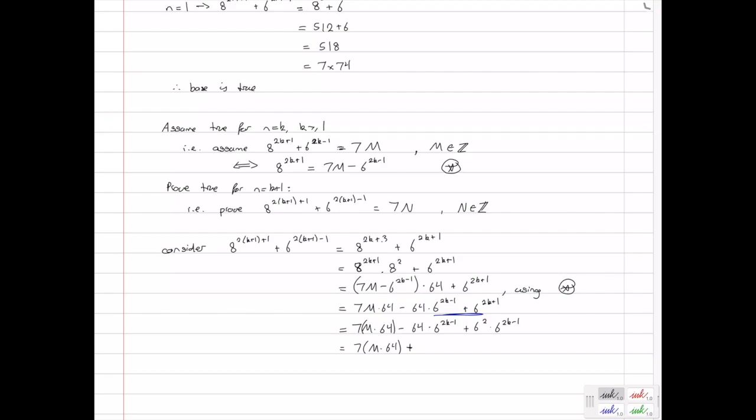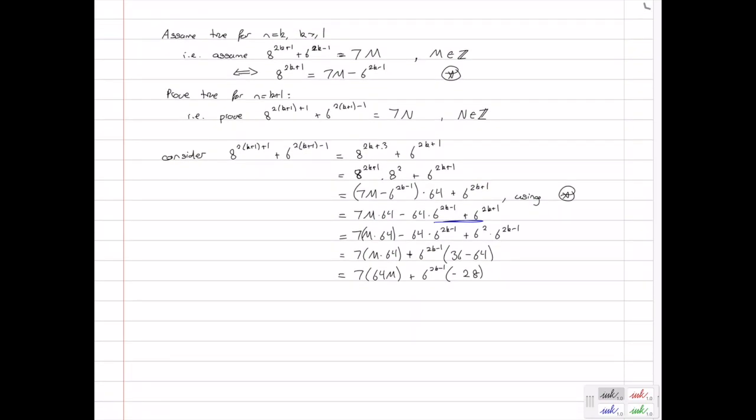So positive 6 to the 2k minus 1. If we factor that out, we'll be left with 6 squared, which is 36, minus 64. So I have 7 times 64m plus 6 to the 2k minus 1. Now 36 minus 64 is negative 28.